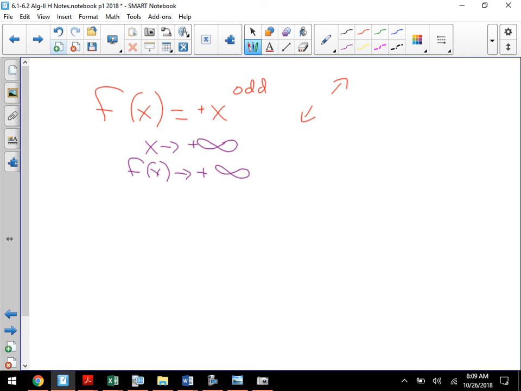As x gets bigger, f of x gets bigger. Same idea, as x approaches negative infinity, as x gets smaller, f of x also gets smaller. All positive odd exponents have the same tails. Always.